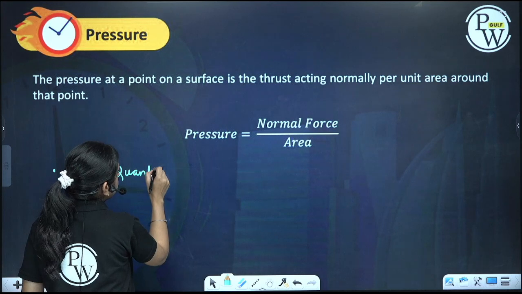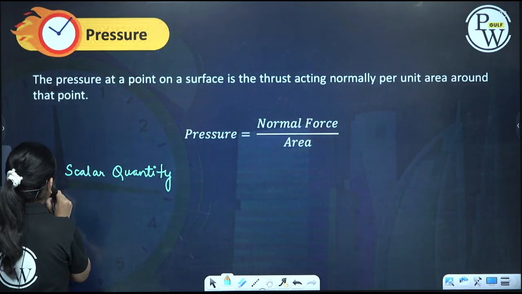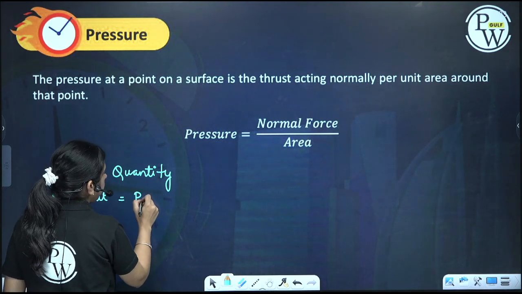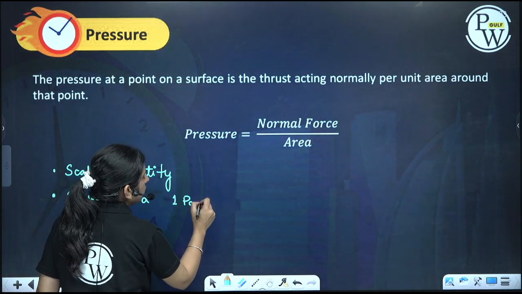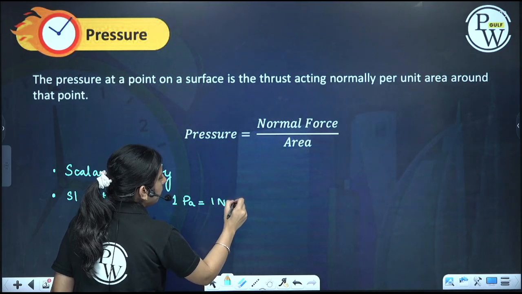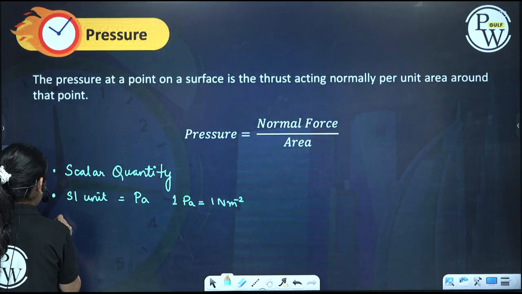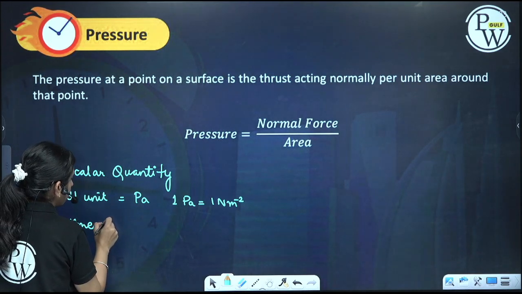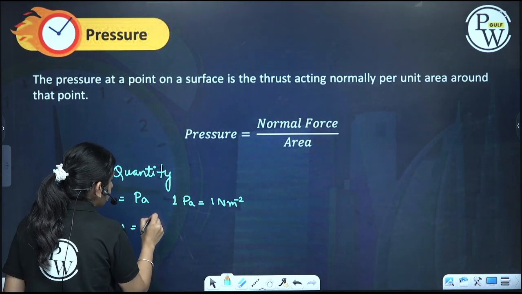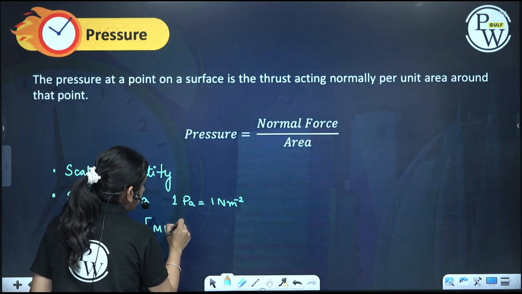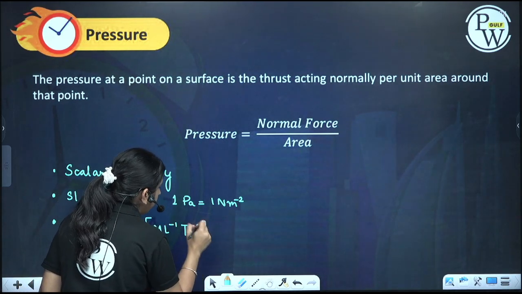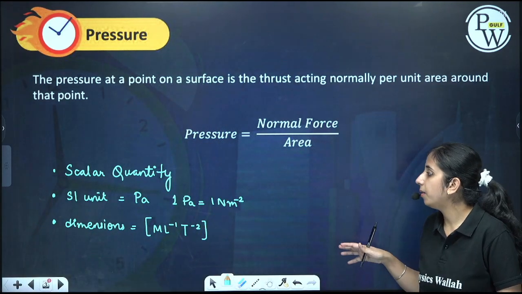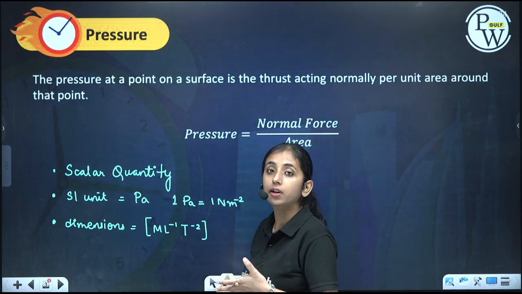If we want to write the SI unit of pressure, the SI unit will be Pascal, and 1 Pascal is equal to 1 Newton per meter square. The dimensions of pressure are ML^-1 T^-2.